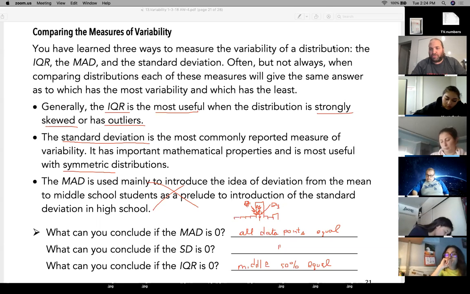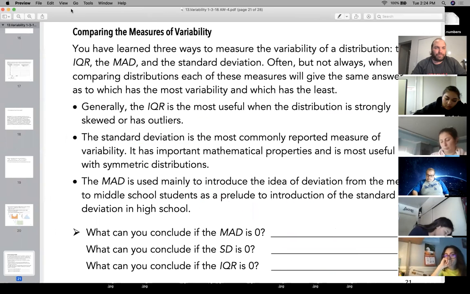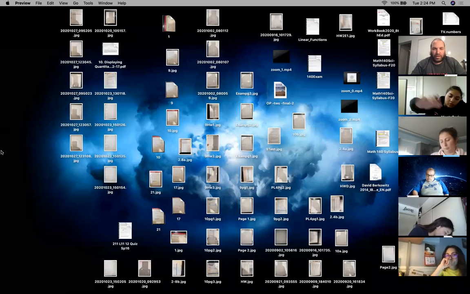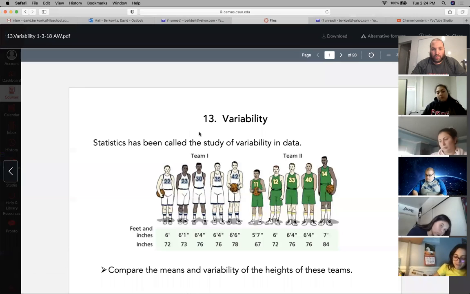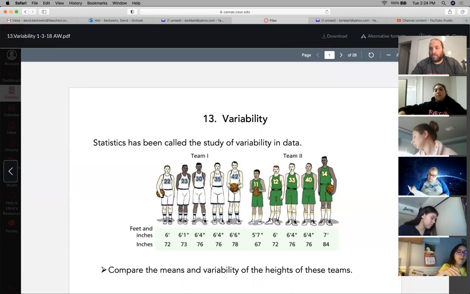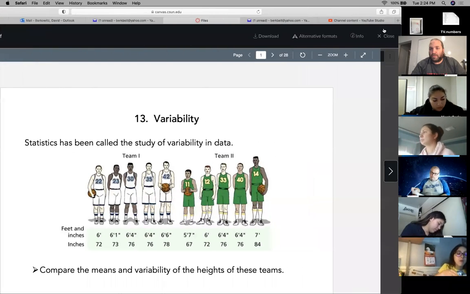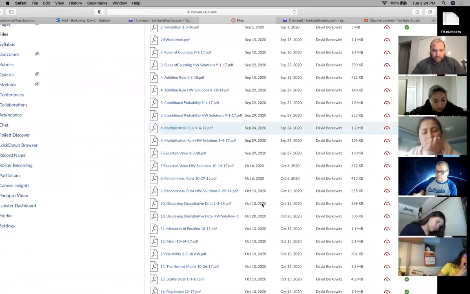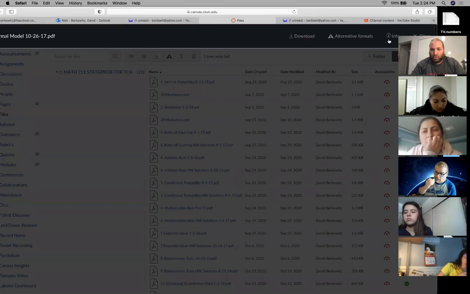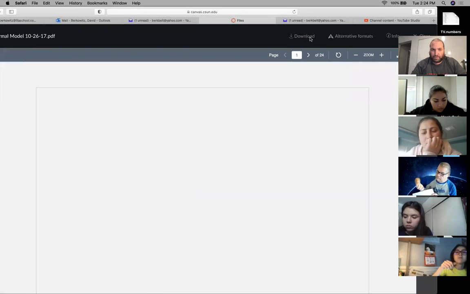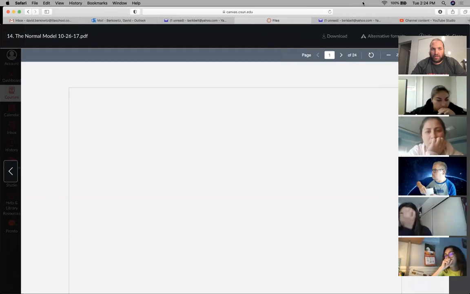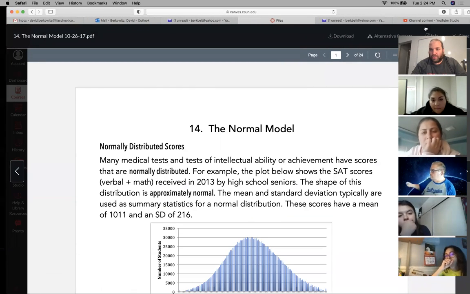Okay, so I just wanted to finish that quickly because it's really important that we move on to the next chapter right now. Let me load up Chapter 14 on the normal model. This is muy importante, the normal model.